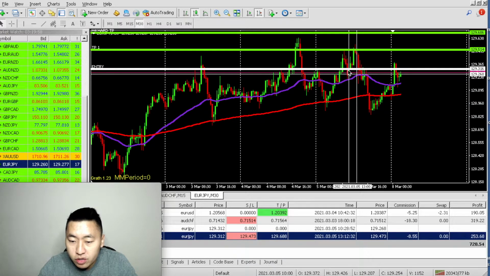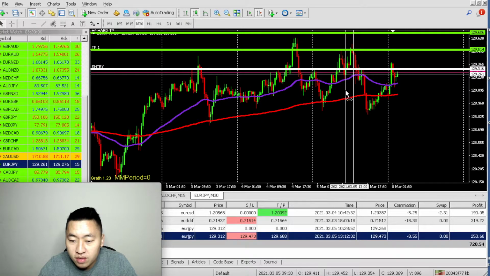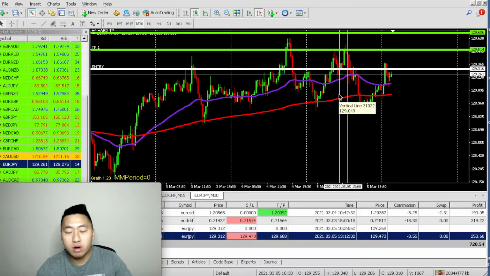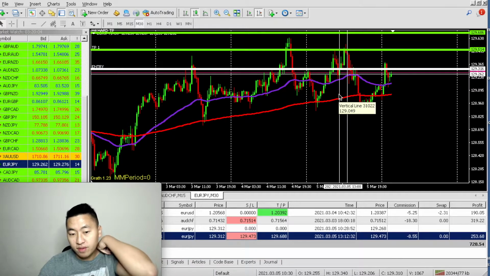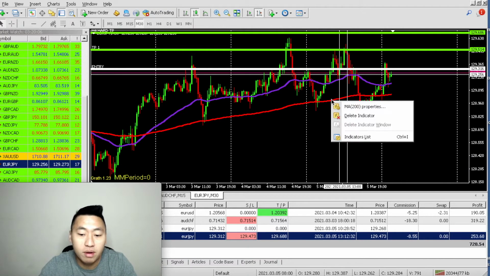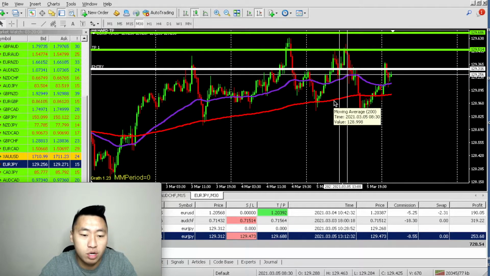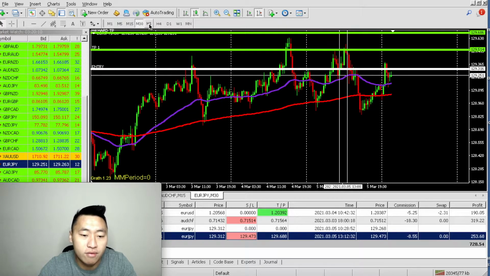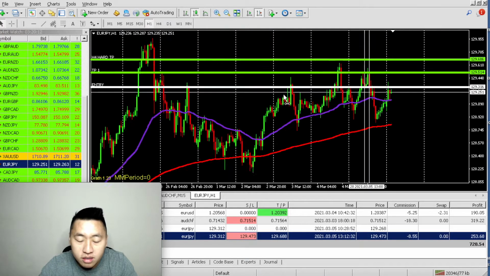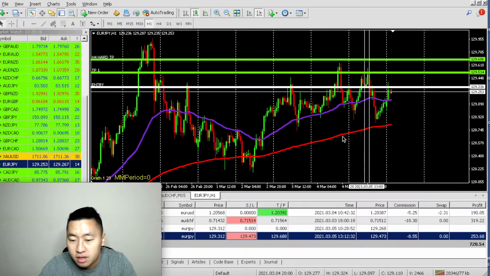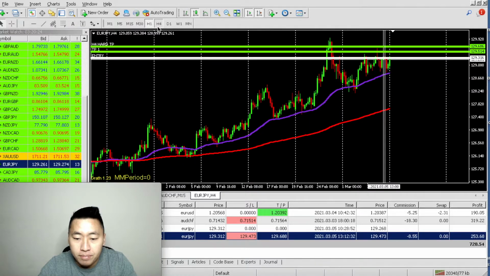So this is my entry, above the moving average 50 and the 200. That's an even better confirmation. For M15 and M30, as long as it's above the 200, I'm okay to trade with the trend, since it's a smaller time frame. For H1, I want it above both the 50 and the 200. That's one of my rules for trading with the moving averages, to trade with the trend. So the rule was met, and that's why I continued.